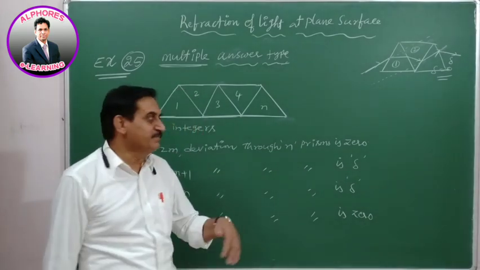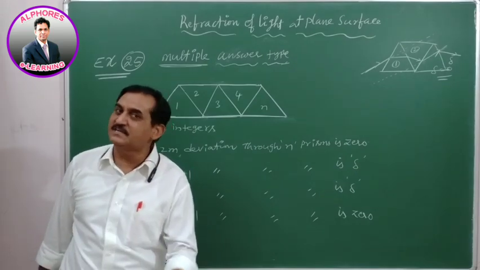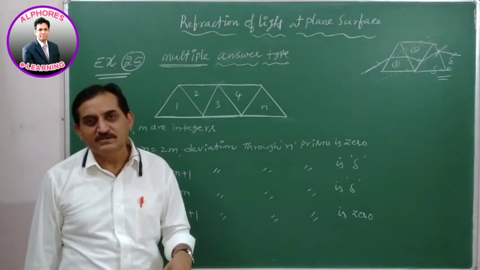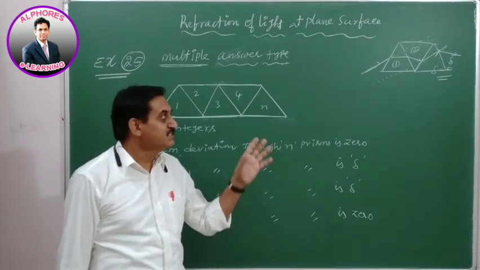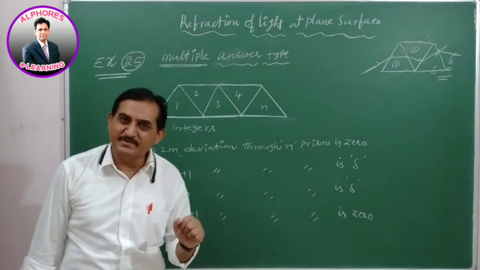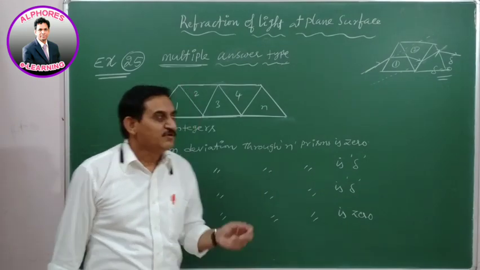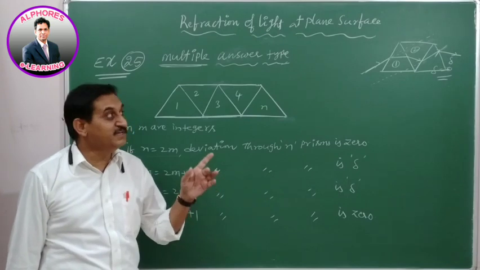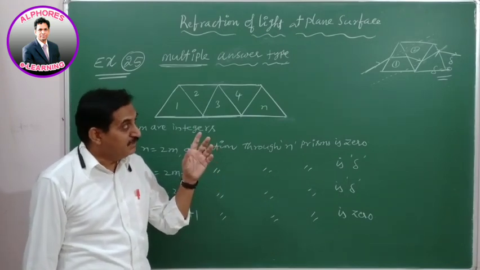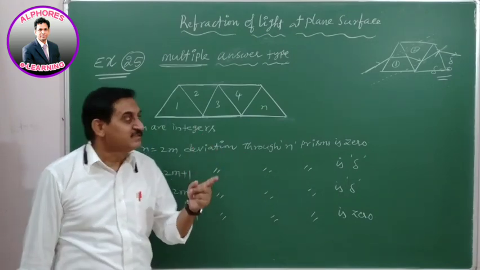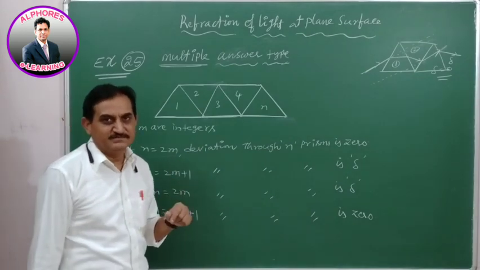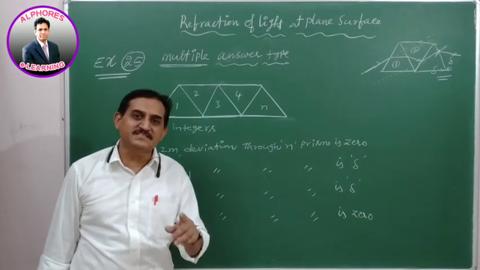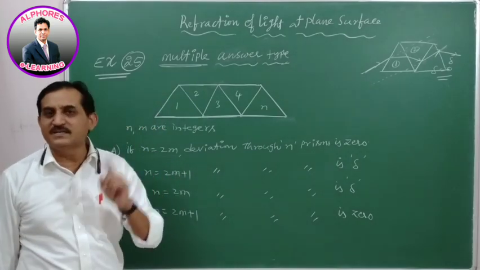Whatever the deviation given by the first prism is nullified by the second one, and the total deviation becomes 0. If a third is joined with it in the same sense as the first one, then what happens? Deviation occurs. How much? For the first two prisms the net deviation is 0, but the deviation occurring by the third prism is delta again.